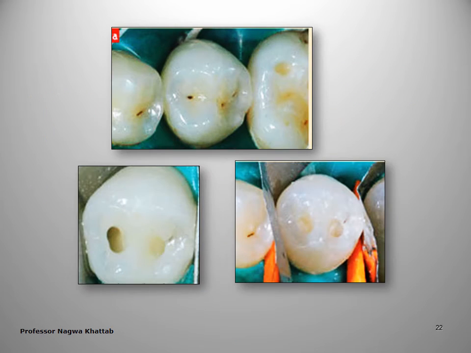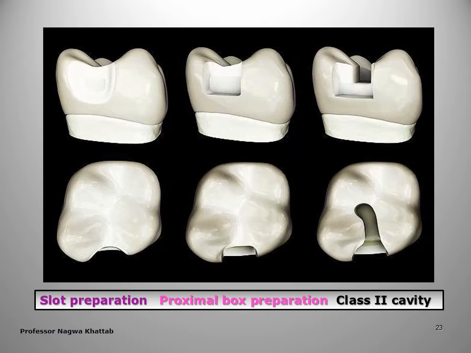Slot preparation in lower D, upper E, you have to make access to the carious lesion only, to make a slot cavity. This is a summary. This is a slot. This is a proximal box with definite walls. This is the usual class 2 cavity preparation.